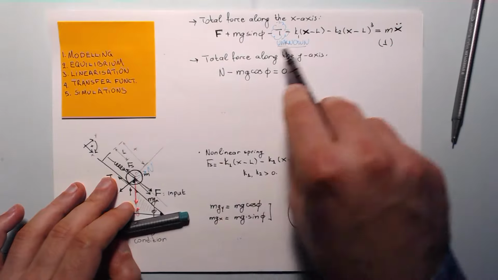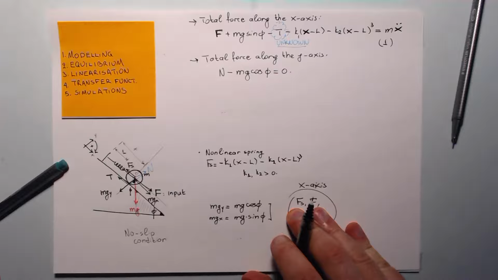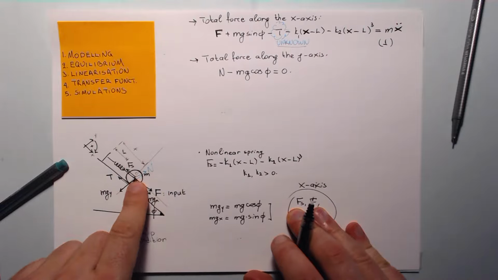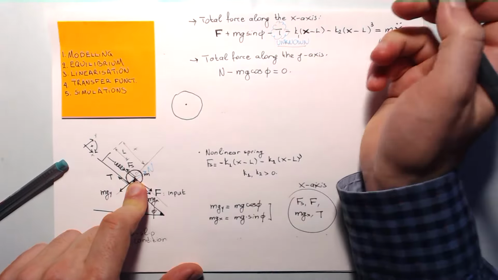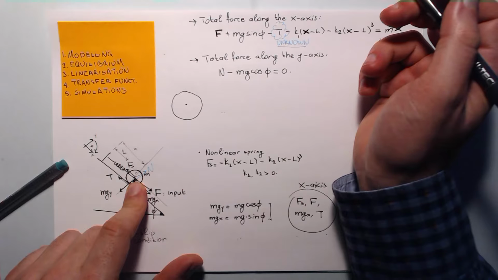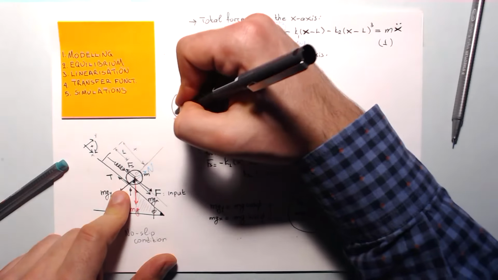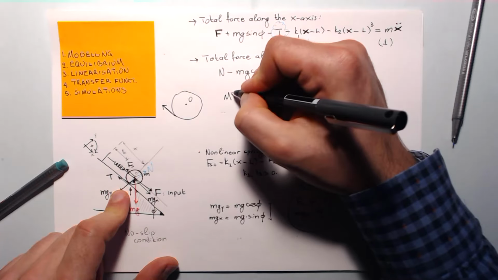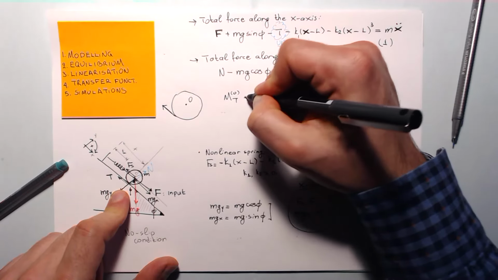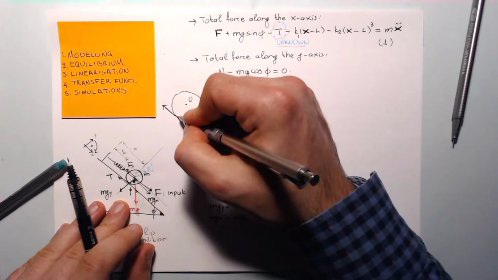The way to find T is to think about the rotational motion that we haven't taken into account so far. So let's focus here on the cylinder and let's figure out what the torques are with respect to this point O, the center. We have that force T that generates with respect to point O the torque T times, let's see here, what is that distance?